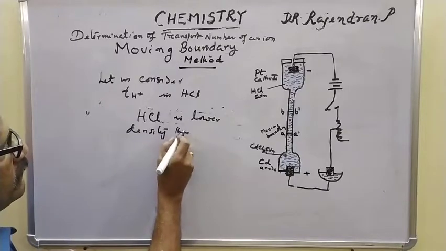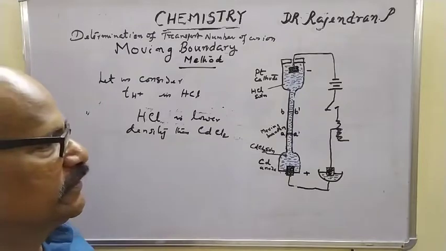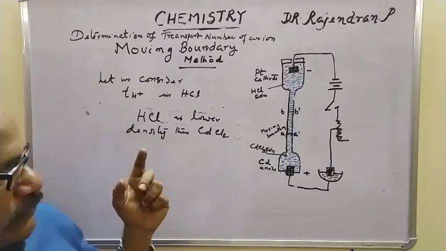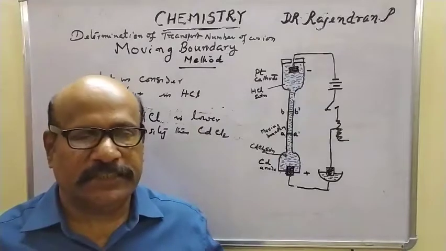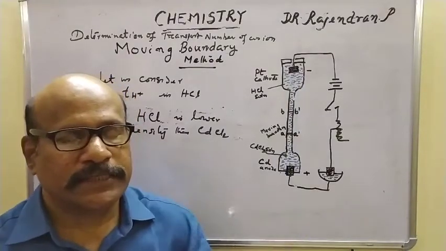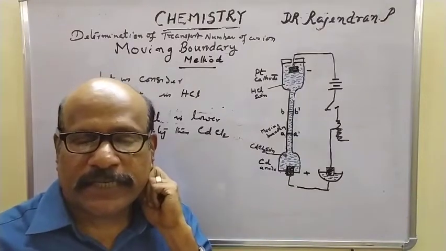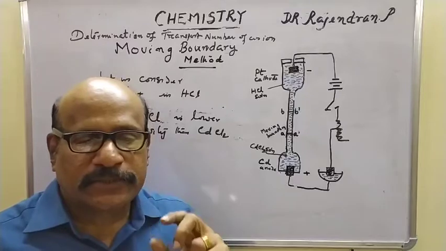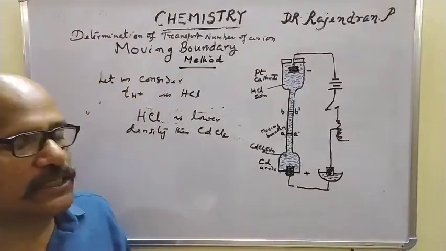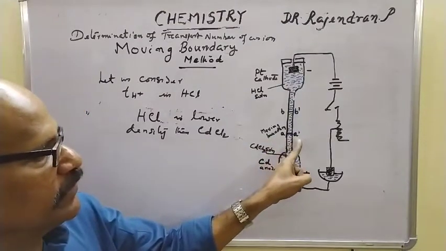So on filling the solutions, we can see that the two solutions are in contact with each other, in which the HCl solution is at the top and CdCl2 at the bottom, so that there is a boundary between the hydrochloric acid and the cadmium chloride. A dash is the boundary.